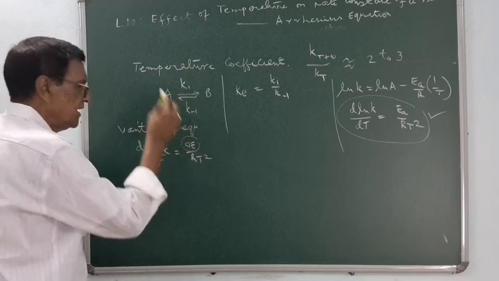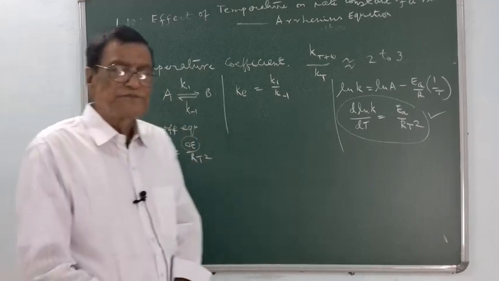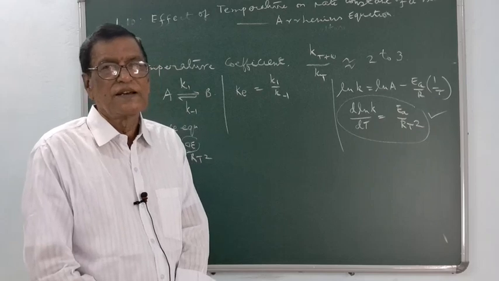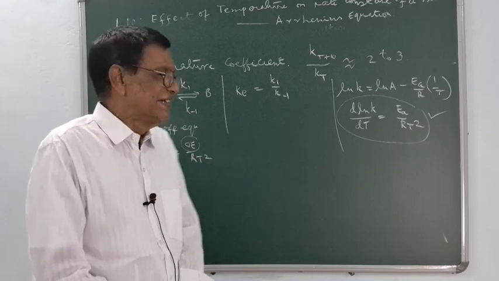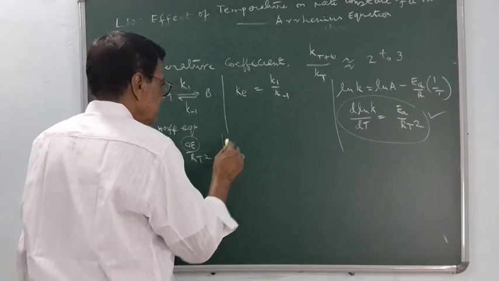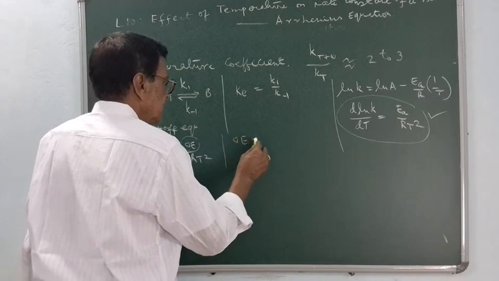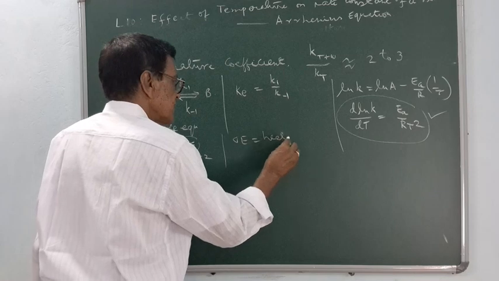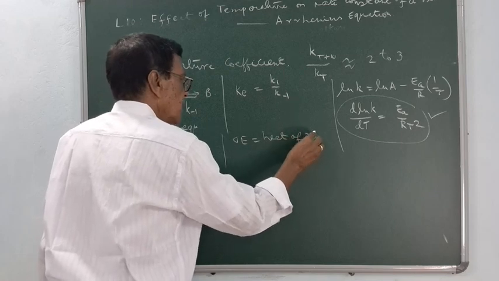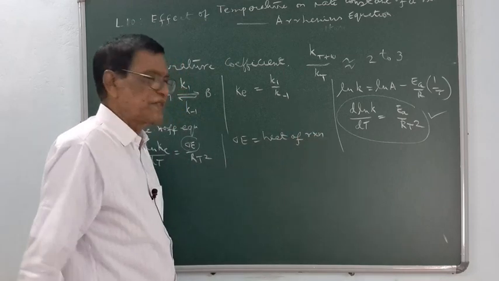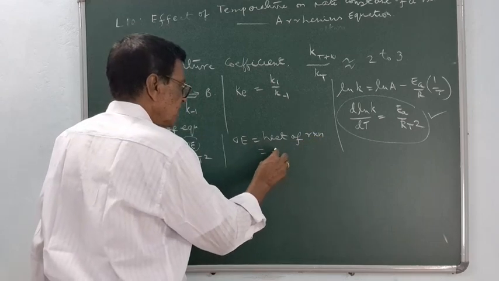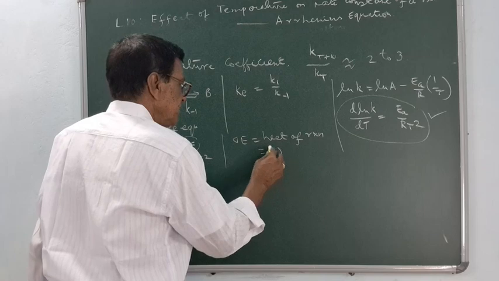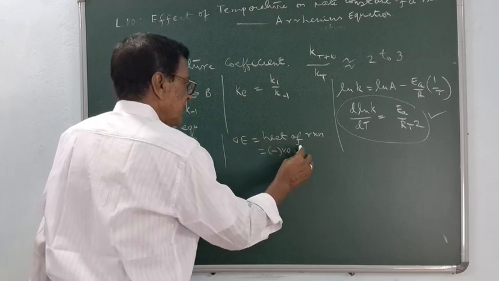This delta E is the heat of reaction. Whenever it is positive, the reaction is endothermic, whenever it is negative, exothermic.